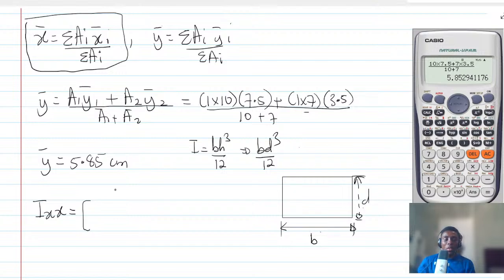Let me explain it with the formula. So ISS is actually IX about the centroid plus area times D squared.